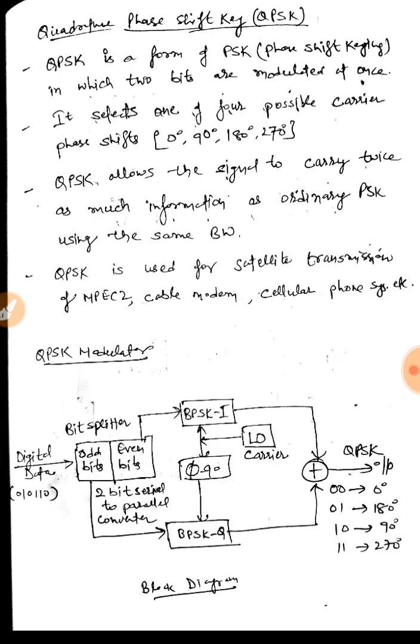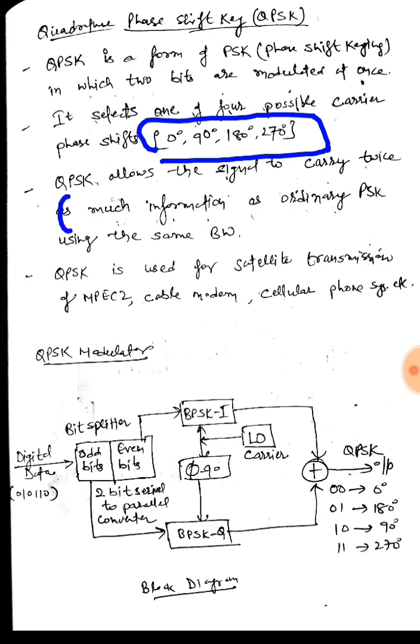Now next is quadrature phase shift keying. As we have already seen binary phase shift keying, in which we were using 0 and 1 to represent our data. So in QPSK we would have 4 phases that can be represented using 2 bits.